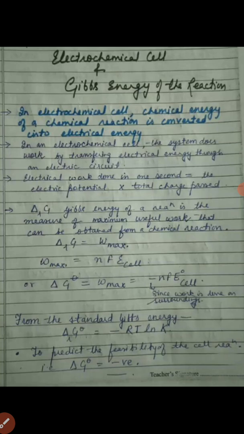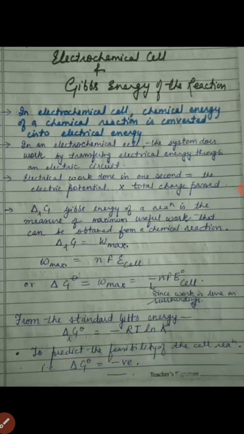Now students, what is n? It is the number of moles of electrons that are transferred, and F is the charge on 1 mole of electrons. So when a voltaic cell or an electrochemical cell operates, the work is done on the surroundings as electrical energy flows through the external circuit.